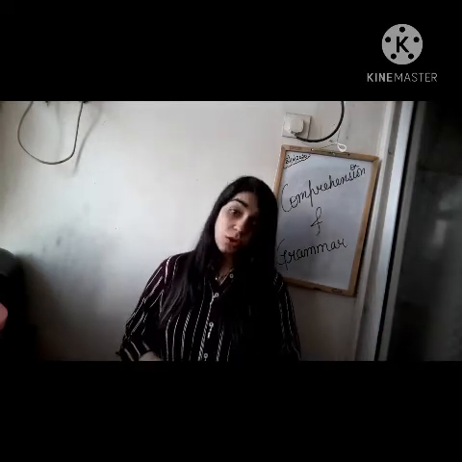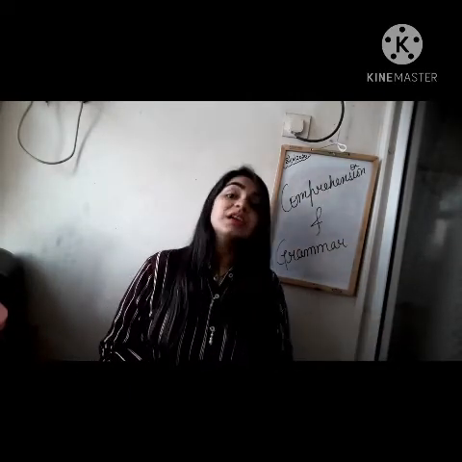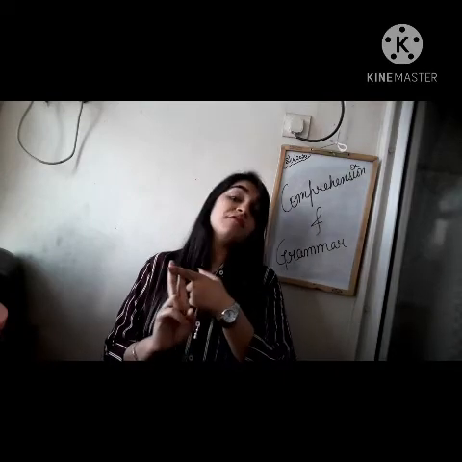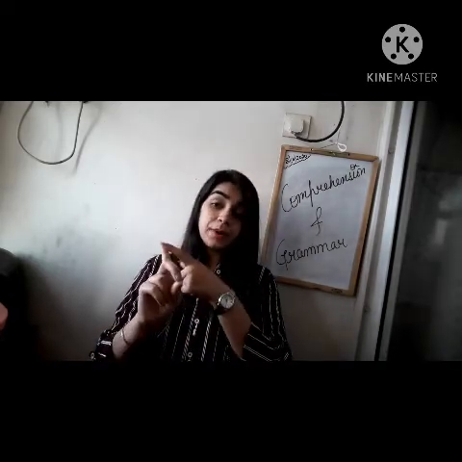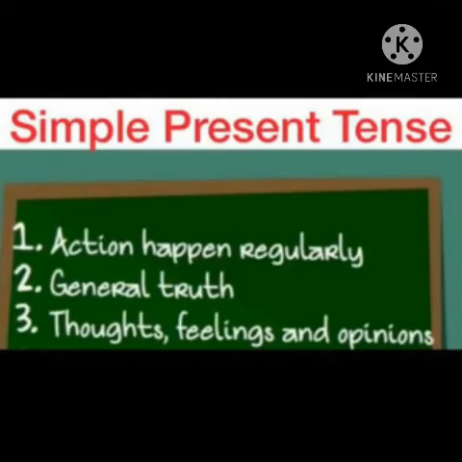As we already know, present tense is what is happening right now in the present, and past tense is which has already happened. We have done 2 types of present and past tense, that is simple and continuous. Let's revise it. Simple present tense is used to describe an action happen regularly or a general truth or thoughts, feelings and opinions.